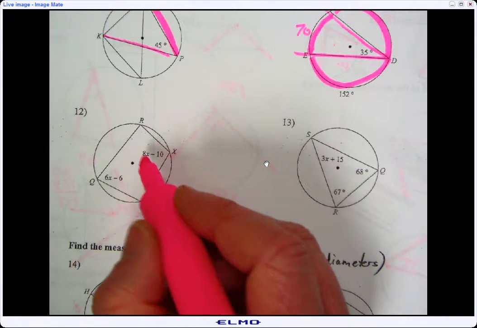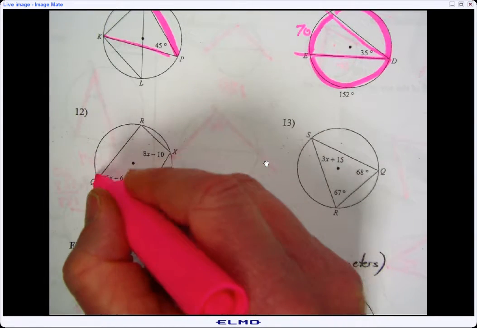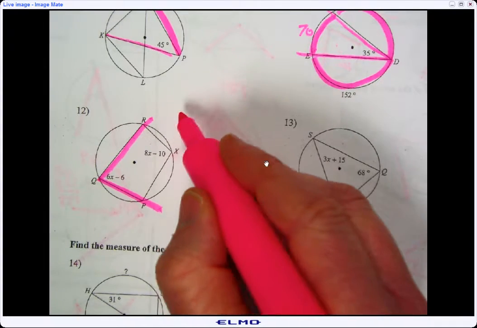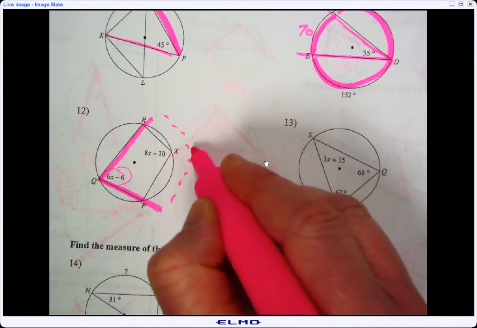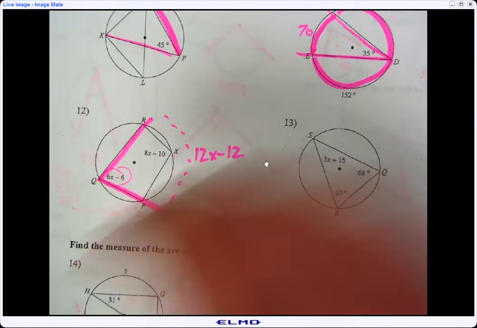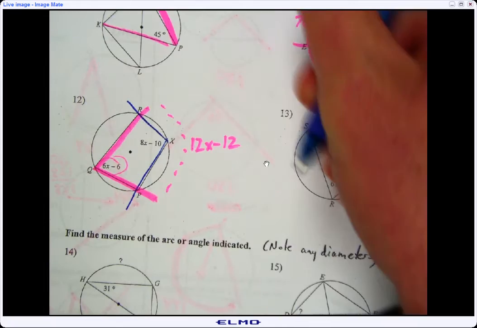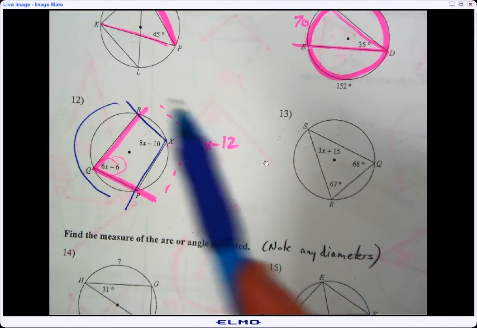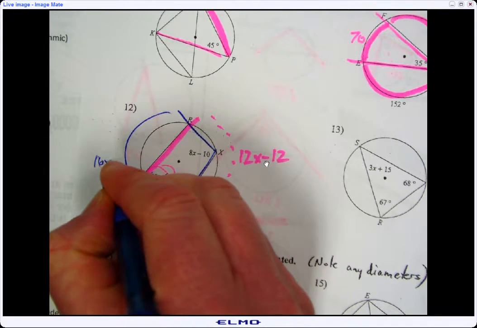Things get a little more complicated here. This is where the tracing will help you, I think. Extend, extend. Now the variable is on the angle. So this outside is 2 times this 6x minus 6, so it's 12x minus 12. And then if you trace the other way, out here, it's 2 times the 8x minus 10, so it's 16x minus 20.